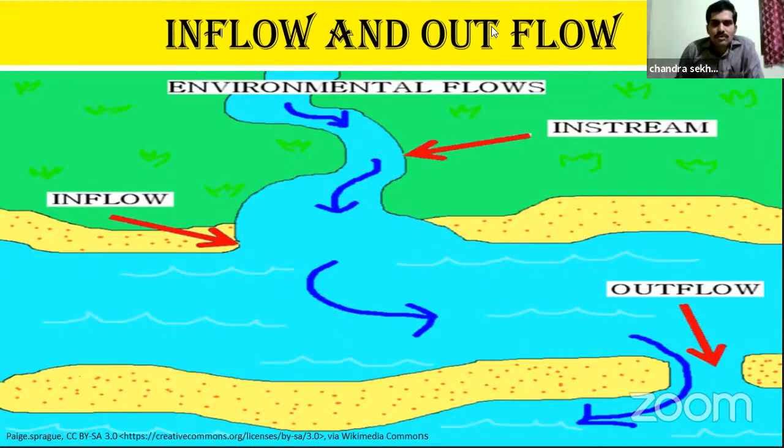These are the two important flows, inflow and outflow of water. Our demand for water is based on inflow and outflow. If inflow is less and outflow is more, then we may face a drought. If the water inflow is high and outflow is low, we will get more water. So these are the two flows, inflow and outflow.